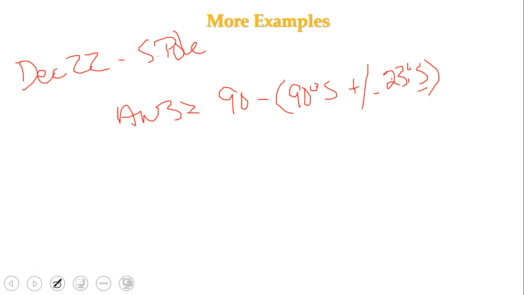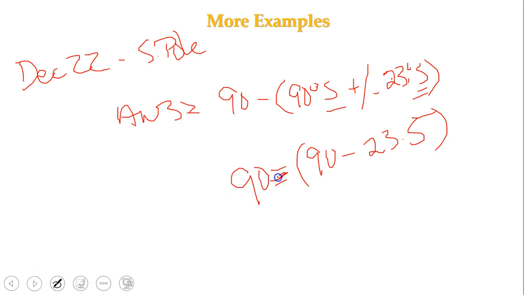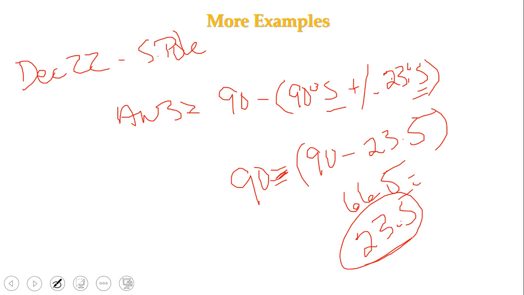Okay. Whoa, look what's happening here. Same, you're going to subtract. 90 minus, that right there is 66.5 equals 23.5.